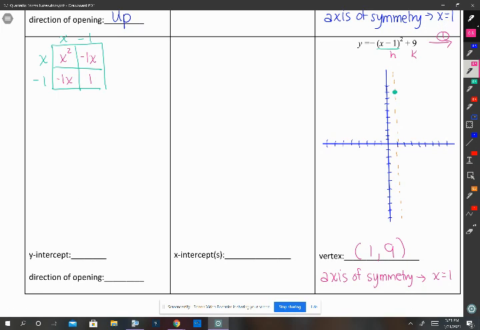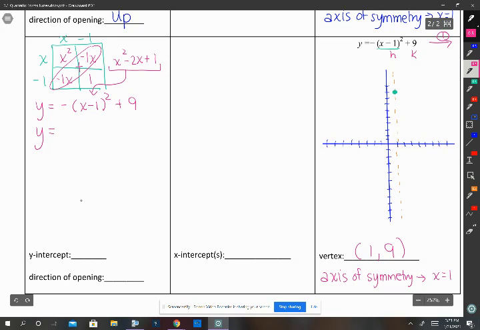And what I want to do is put this value in, because remember our equation looks like this. So when I combine these, I get x squared minus 2x plus 1, because I'm going to combine these two. This is going to get substituted in for this set of parentheses because they're the same thing. So I'm going to go negative, and I'm going to plug that in, x squared minus 2x plus 1.